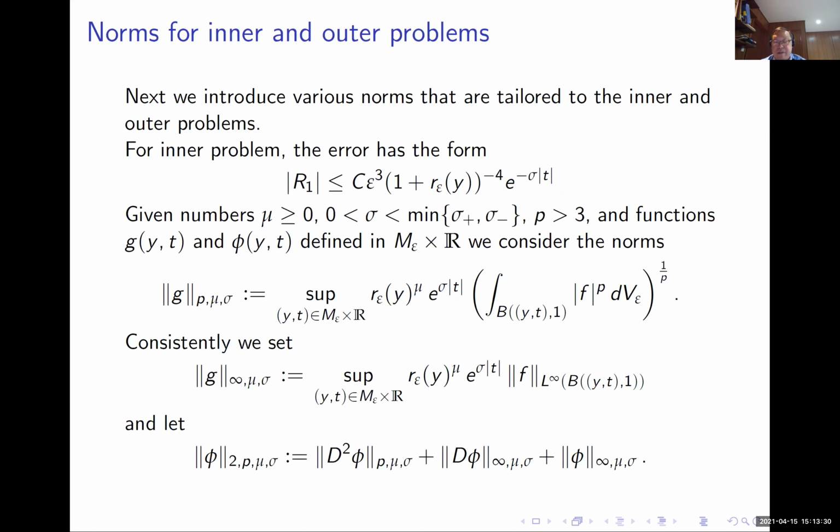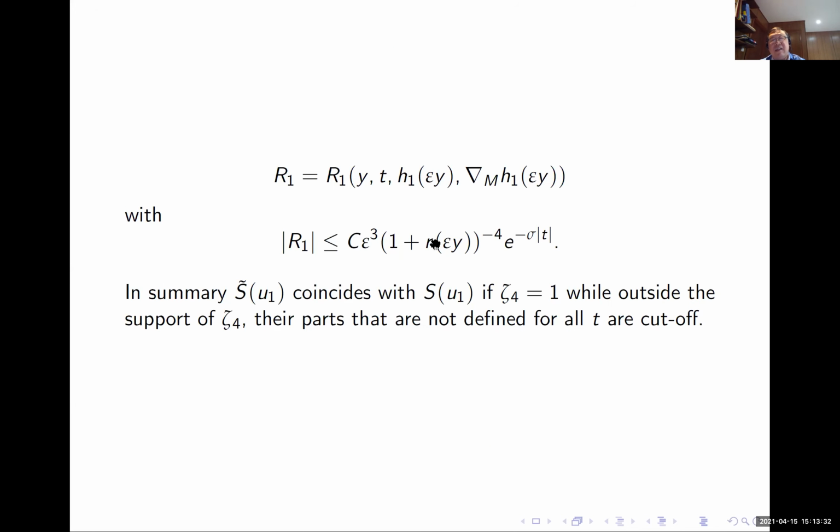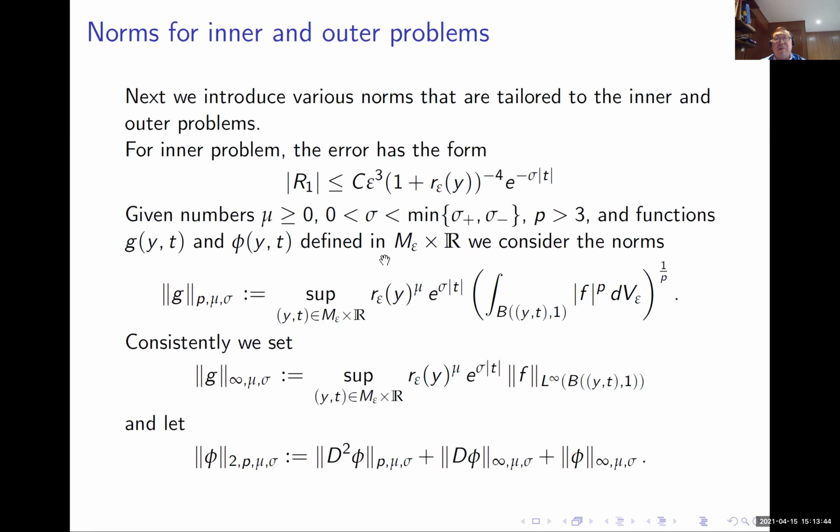Because the error has this decay, I'm going to design some norm, right? Which is exponential decay in t, algebraic decay in y. So I'm going to use the local W2P and weighted local W2P norm. The reason is that all my error contains second order derivatives.